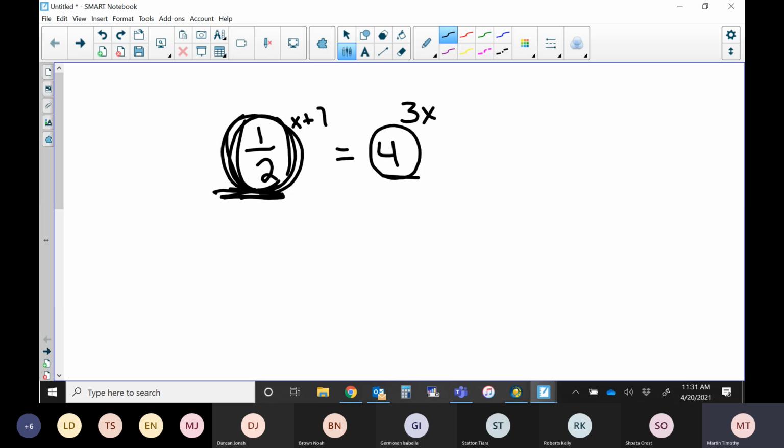How could I change the 1/2? All right, let's change the 4 first. Maybe that'll be easier. What number could we change the 4 to? 8/2. That won't help us. Remember, we're trying to think of it like this.